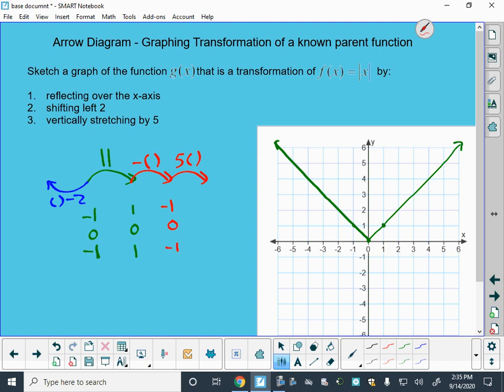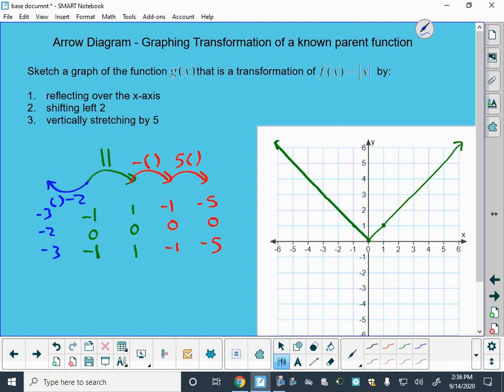And now I have some inputs for this multiplied by 5, and it says multiply all of those numbers by 5. Okay. Over on this side, my inputs to the blue arrow are the inputs to the parent function, because I'm moving away from it here, and it says subtract 2 from those. So -1 minus 2 is -3. 0 minus 2 is -2, and -1 minus 2 is -3 again.